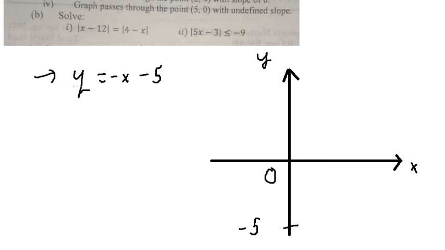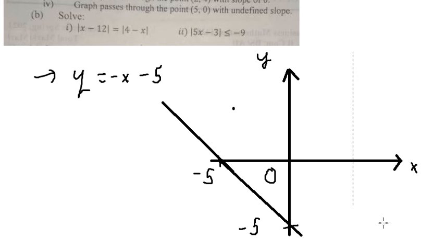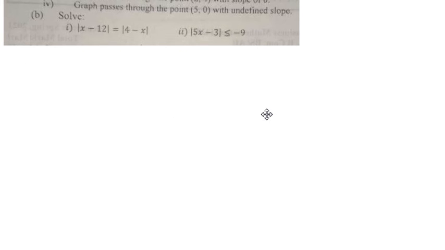When y equals 0, that means x should be negative 5, so negative 5 in here. We connect 2 points together, and here is the graph of this function in here. Now let's go to the next one.